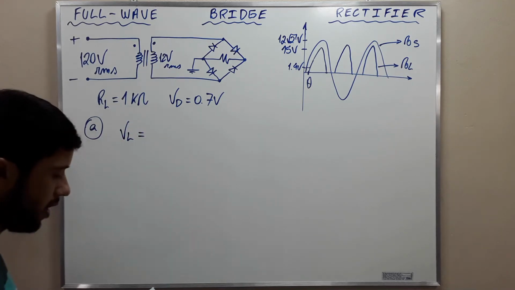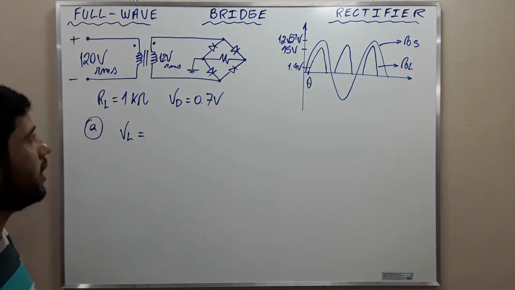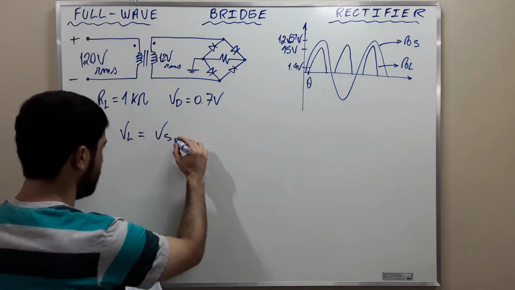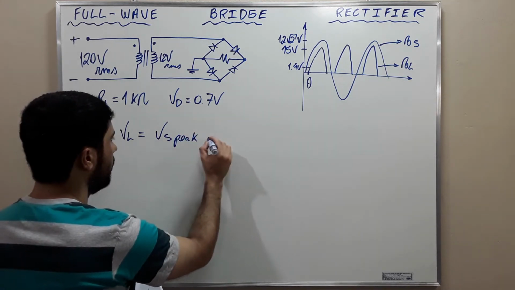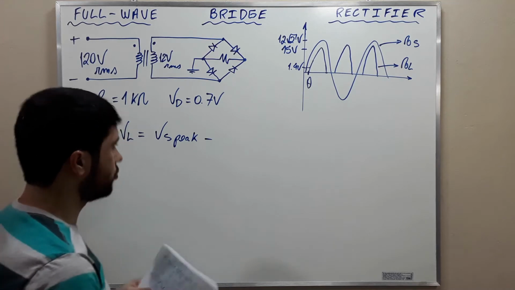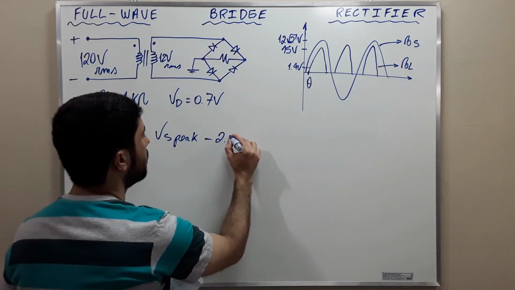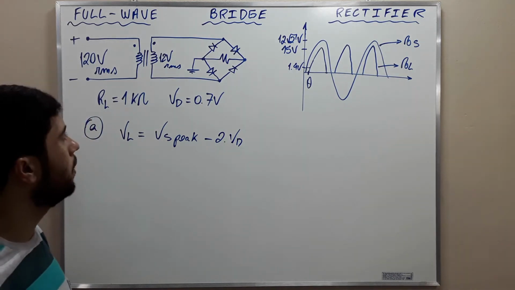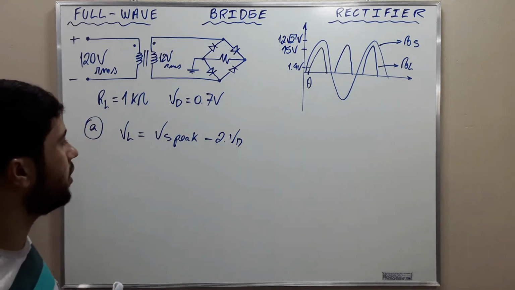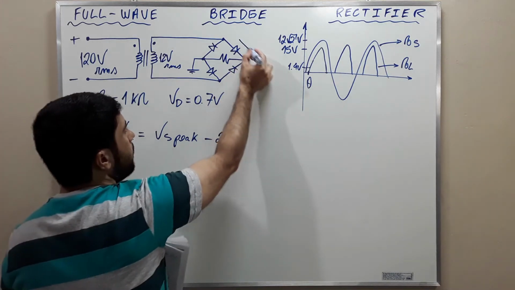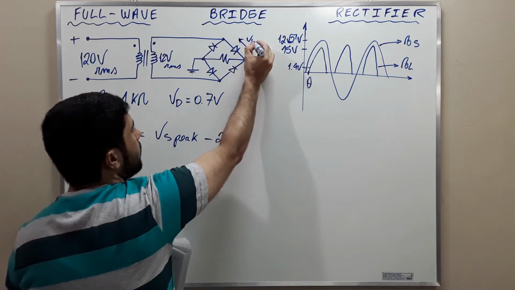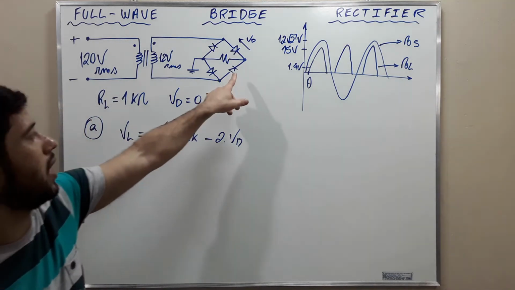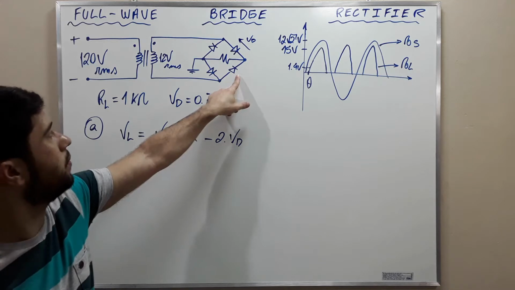The peak value VL is going to be equal to VS peak minus 2 times VD. Why 2 times VD, you may ask me? Because there is a reverse voltage VD here, and since there will always be 2 diodes in the path of current.